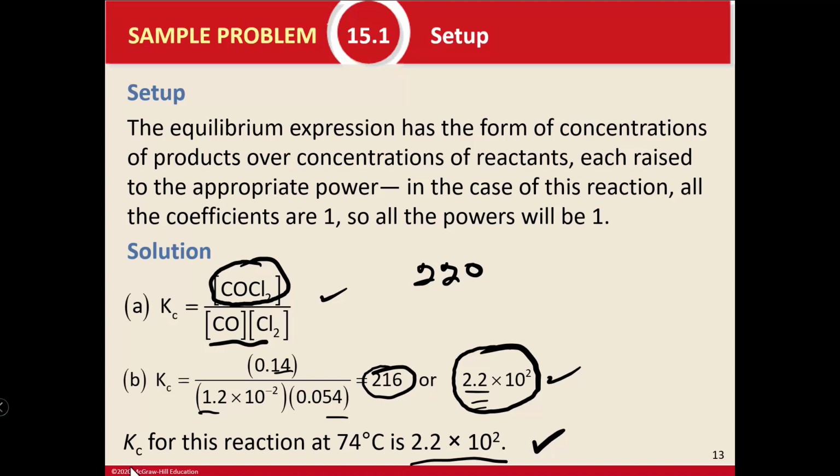That means the numerator has to be larger than the denominator. So that means the product is favored over the reactants. That's going to be an important concept that you're going to carry with you throughout this chapter 16 and 17. The larger the equilibrium constant, the more the products are favored. Just keep that in mind.